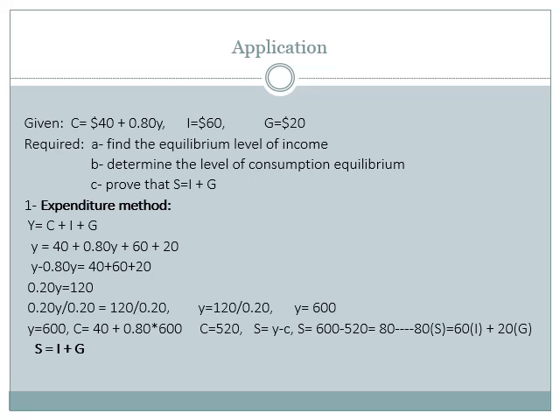So y equals 600. Once y equals 600, then C equals 40 plus 0.80 times 600. Before the determination of income, we couldn't find C. Now C equals 520. S equals y minus C, S equals 600 minus 520, which is 80.